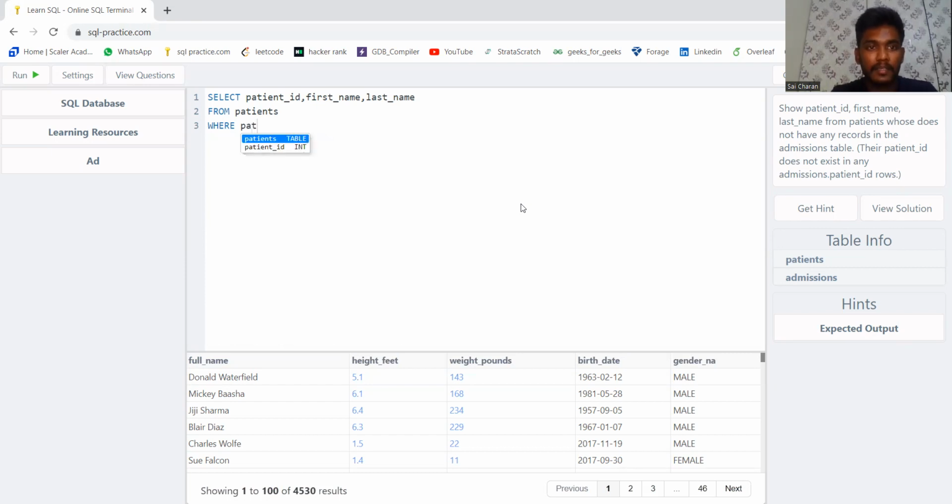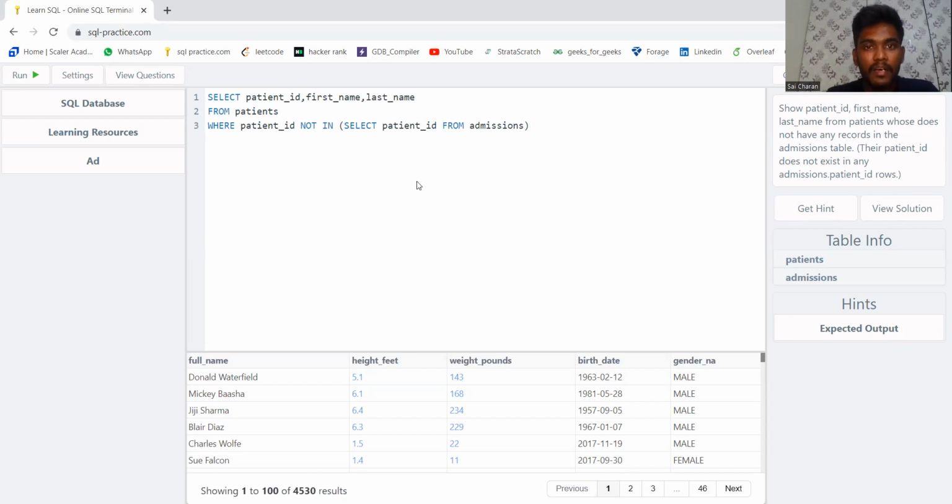So patient ID not in. Now I need a list of elements, so select patient ID from admissions.